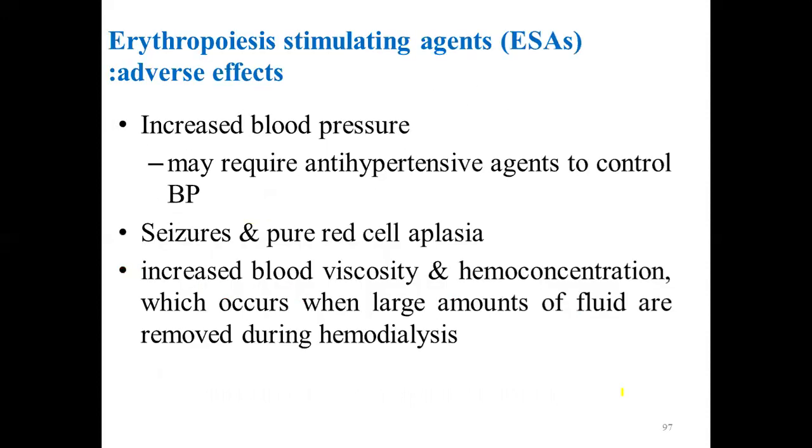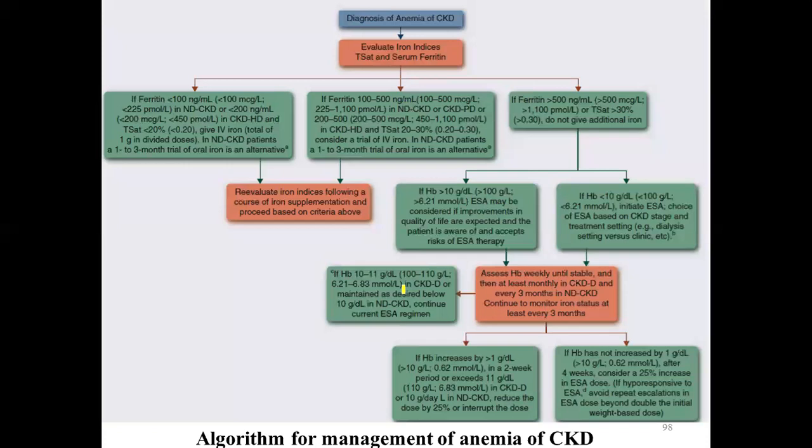That is the recommendation. So what is the risk? Erythropoietin stimulating agents can increase blood pressure, and the patient will end up having hypertension. Apart from that, they can cause seizure, and pure red cell aplasia can occur, and they also increase blood viscosity. Because of this, if the hemoglobin level is above 11 grams per deciliter, we need to hold erythropoietin replacement therapy.